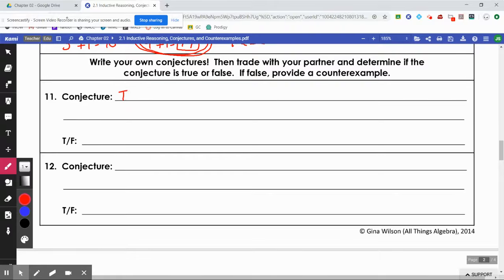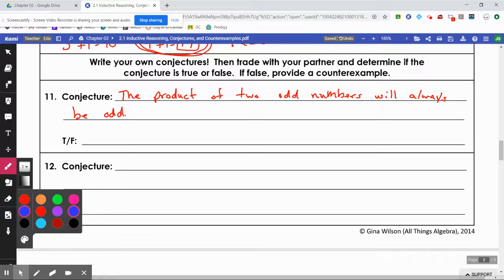And here's your one. The product of two odd numbers will always be odd. So a conjecture could be anything that, hey, I think that's true. So that would be left up to other people to find out, well, is there any reason that that would not be true?